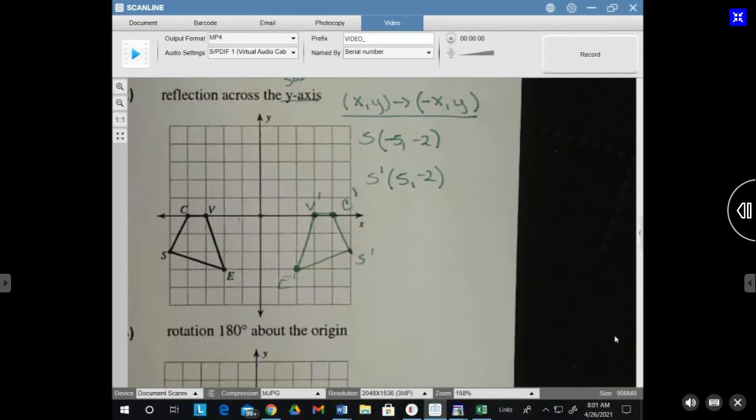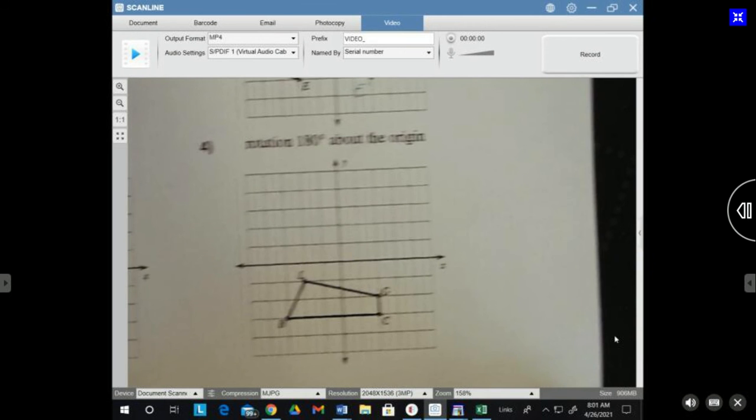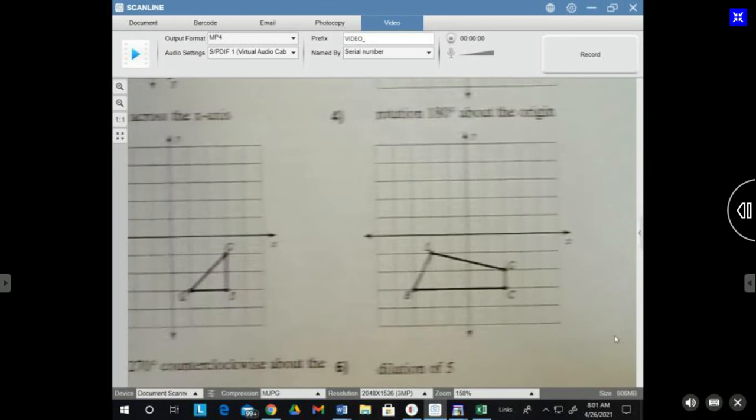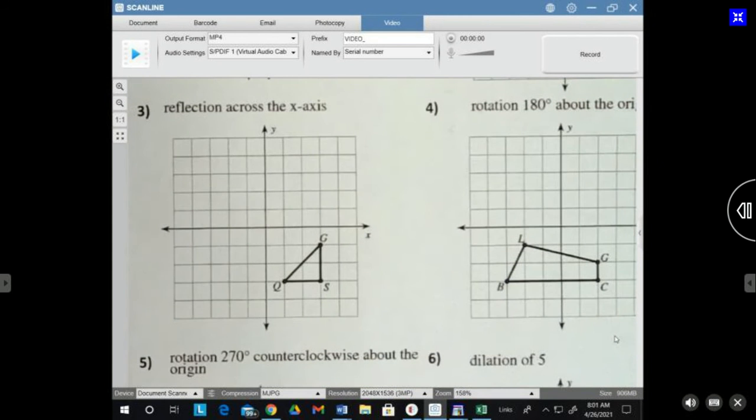All right, I'm going to leave you working on 3. You're going across the x-axis. Hand up if you get stuck.